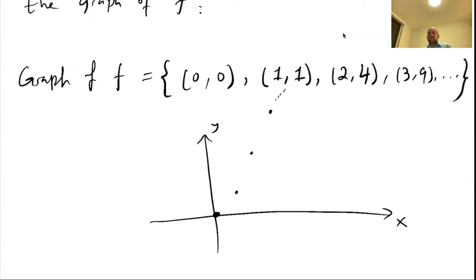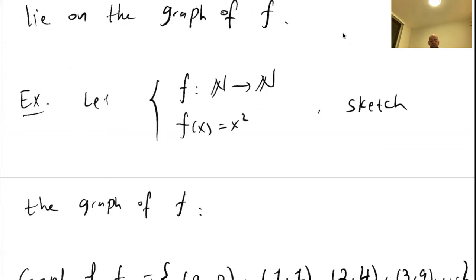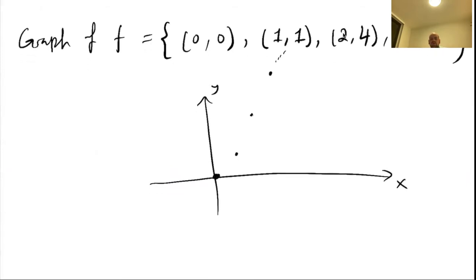In those cases, the graph became a curve. But here, for example, if the domain is just some discrete set, for example, natural numbers, then the graph is just some points and not a curve anymore.